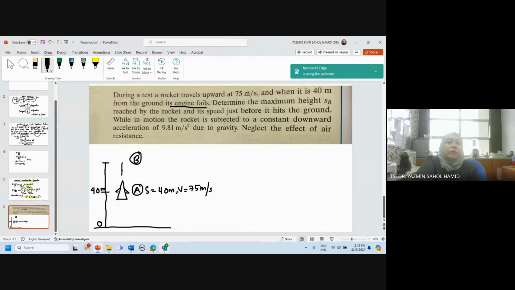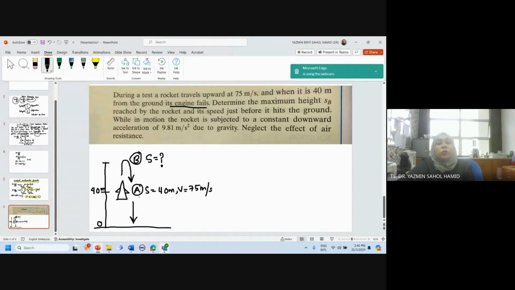So what happens when it fails? It will turn back down and fall to the ground, right? Okay, all right. Now, the question is to determine the maximum height s B reached by the rocket and its speed just before it hits the ground. So what it wants you to find is s here. What is the s at B?